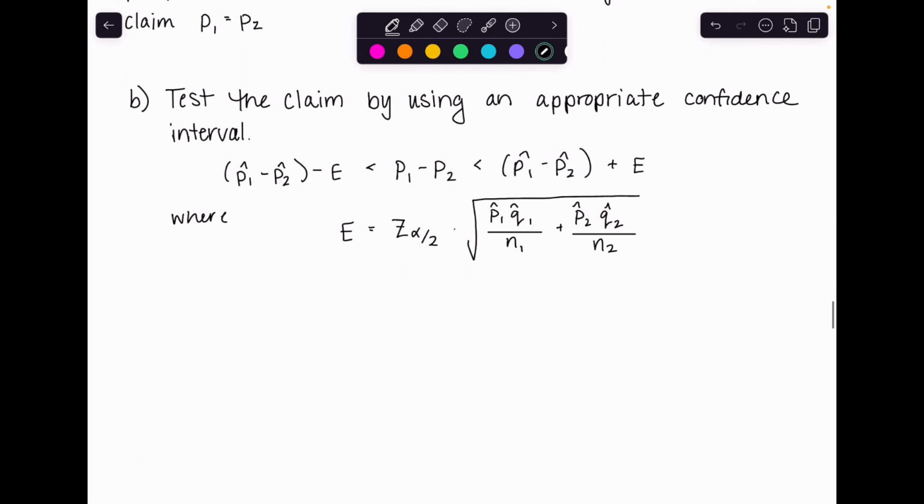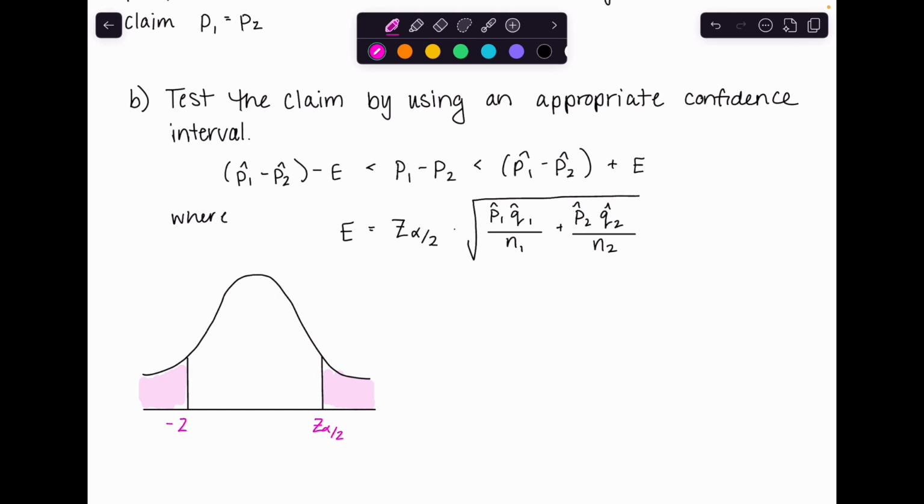So I'm going to draw a picture. We do have a little chart though that's available in our previous notes. But here, if I've got my standard normal distribution, I have these two cutoff values because it is still that two-tailed test. And this value here will be a positive Z alpha over 2.